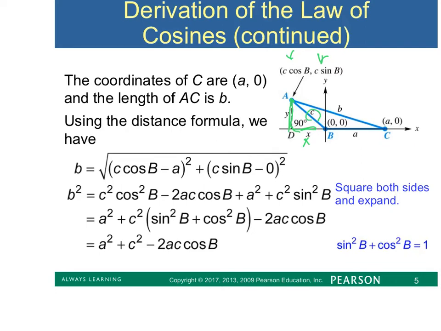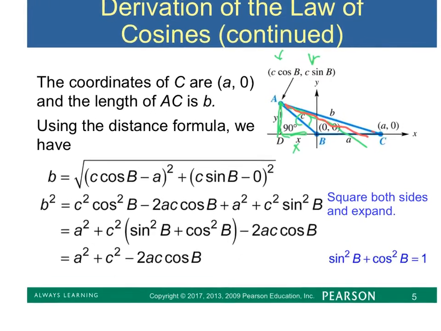But that hypotenuse is not the one I care about. I care about this side. It's not even a hypotenuse. It just may very well be the longest side of my oblique triangle.